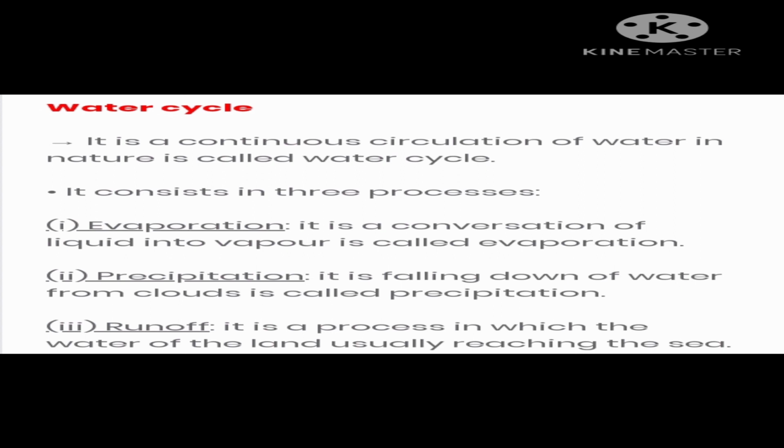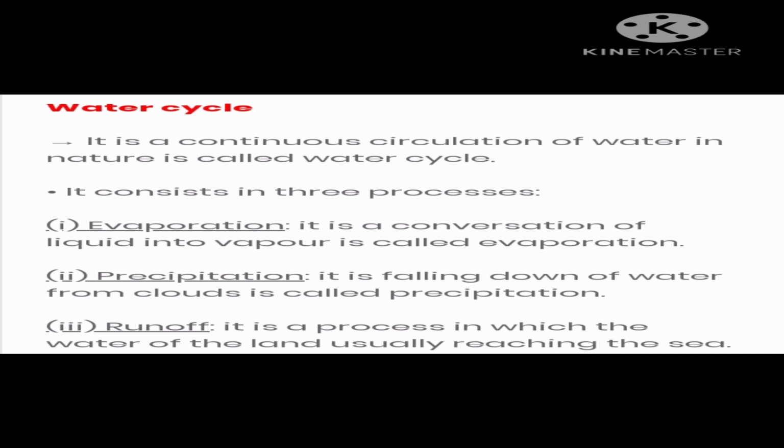What happens is the water in the oceans and the rivers gets heated up because of the rays of the sunlight. Once it gets heated up, it evaporates into the air and gets converted into vapors. Then these vapors cool down and condense. This process is known as condensation.